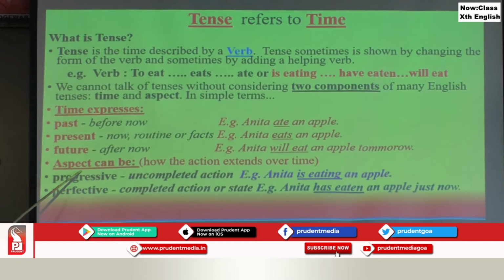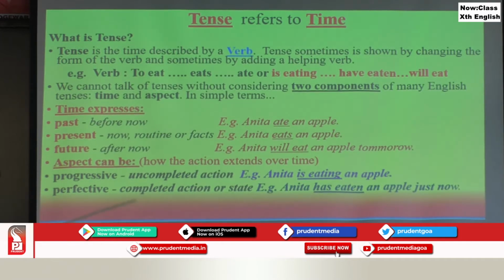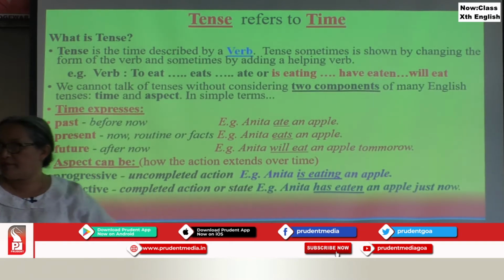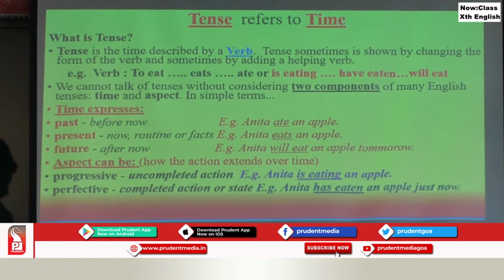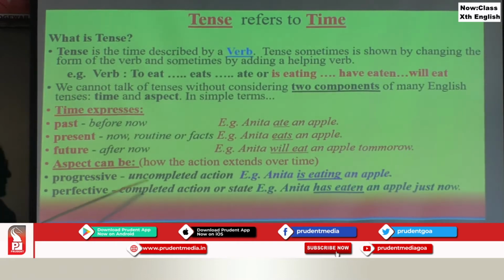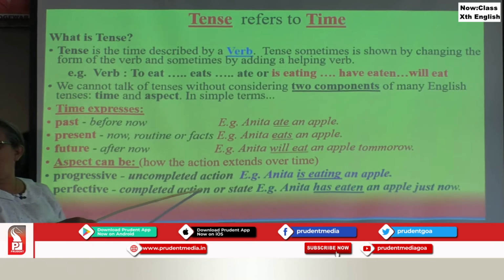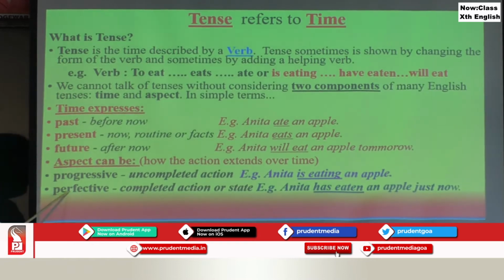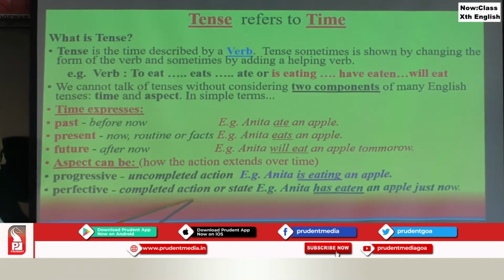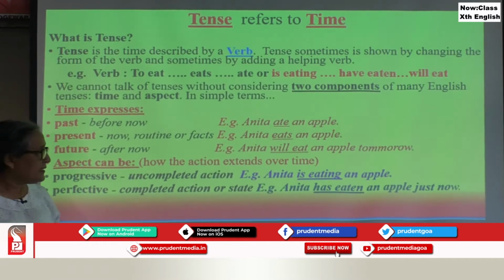What do we mean by aspect? Aspect in tense means how the action extends over time. Under aspect, we have progressive, that is an uncompleted action, and we have perfective, that is a completed action or state.